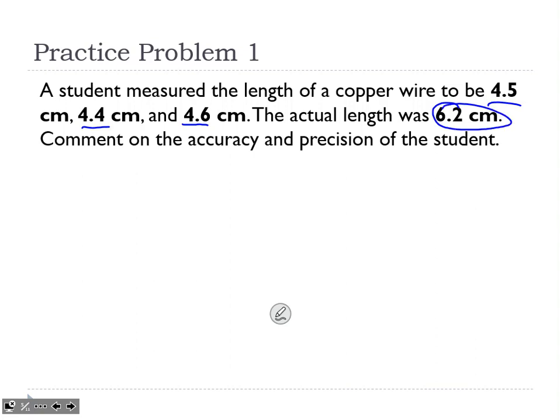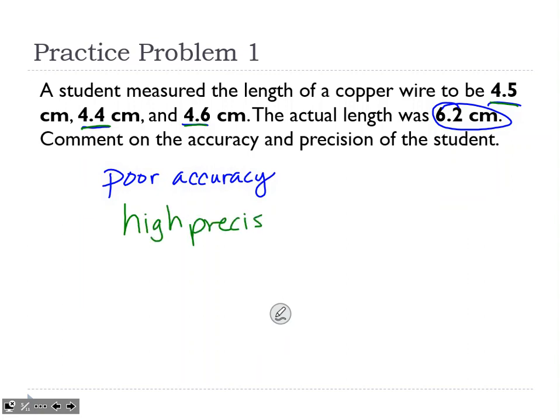So we would say poor accuracy. Good. Now, commenting on our data set, these 4.4 and 4.5 and 4.6, what would we say about the precision? It has high precision. Very good. That is exactly right.